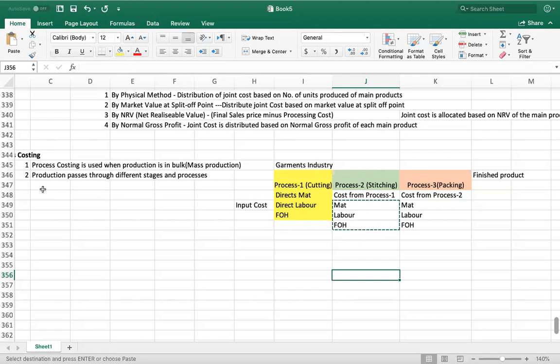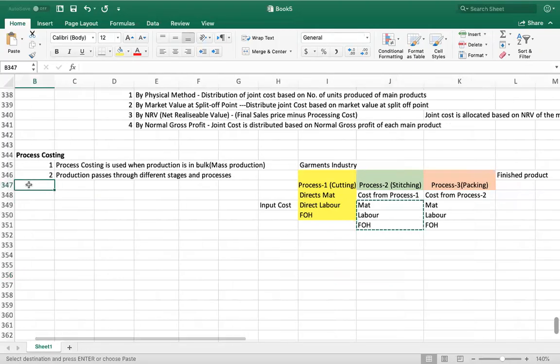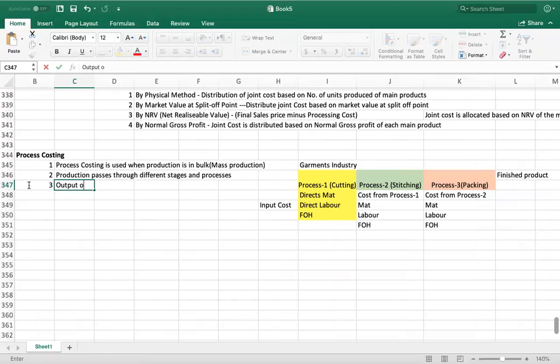So here we can say that the output of the first process is the input of the second process, and so on.